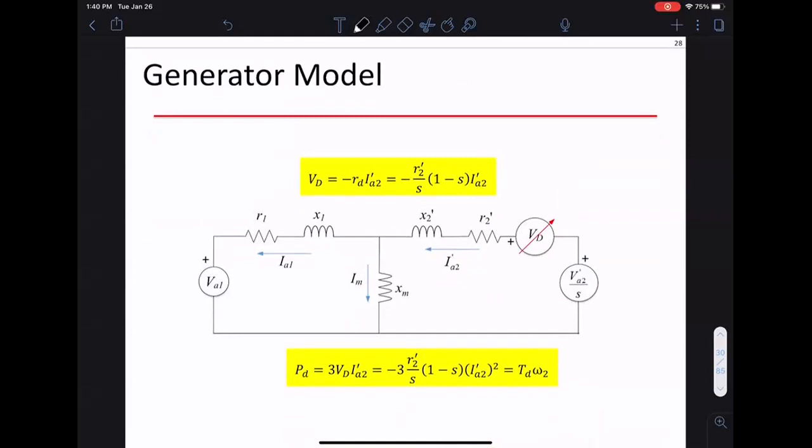Basically it's a negative resistance, but it's easier to think about it as a voltage source, as a part that's providing power.